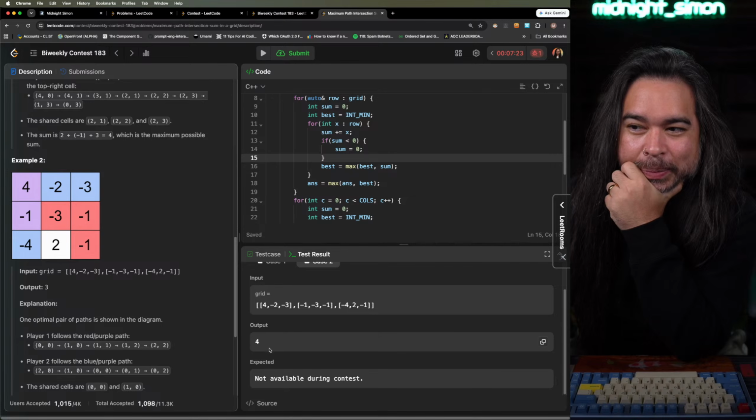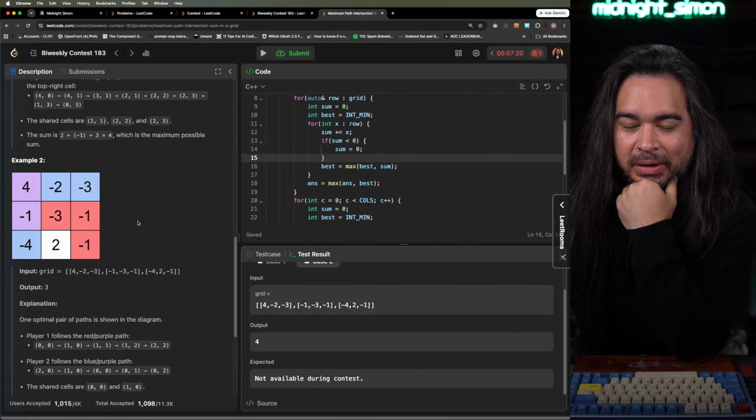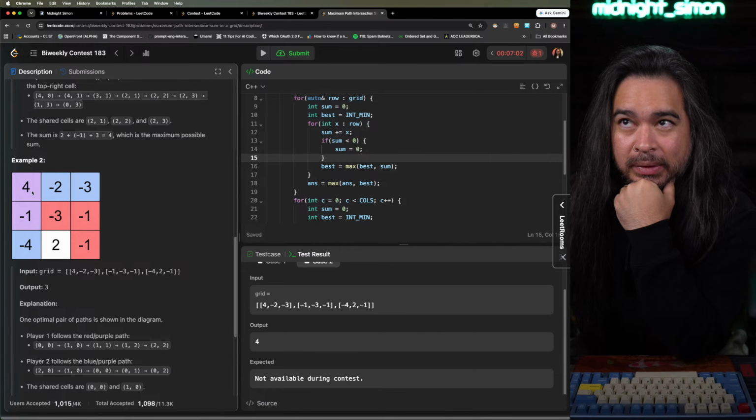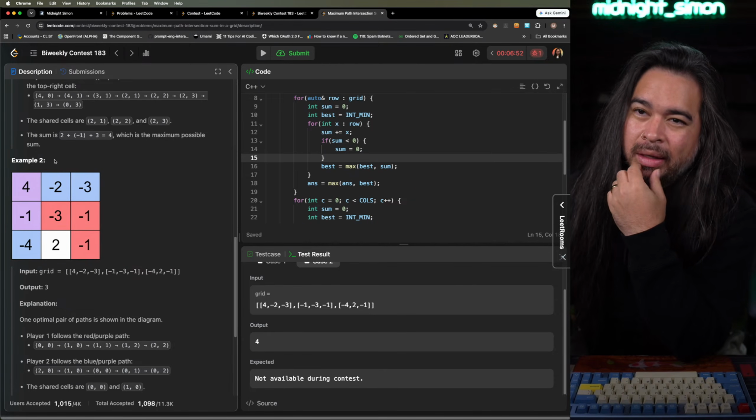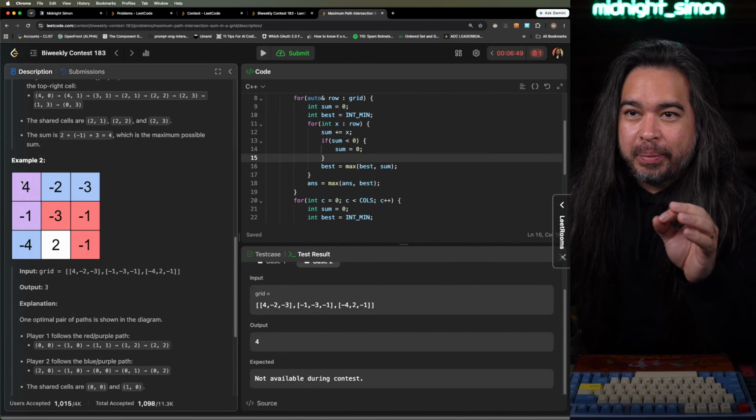All right, so there is more to it. This is the more part now. All right, this one is saying 4 because 4 is the maximum subarray for Kadane's.